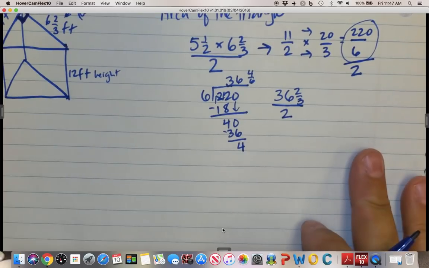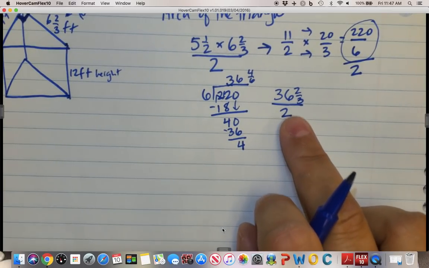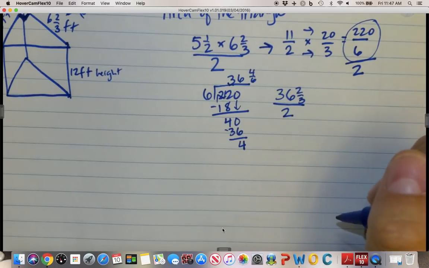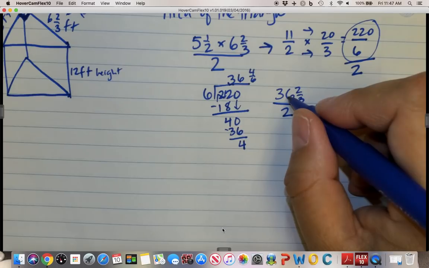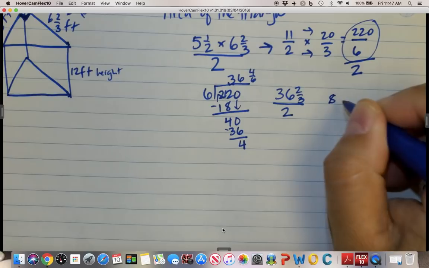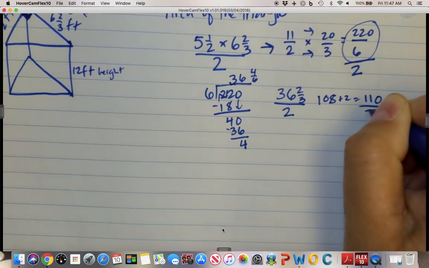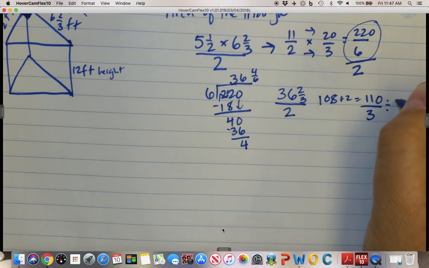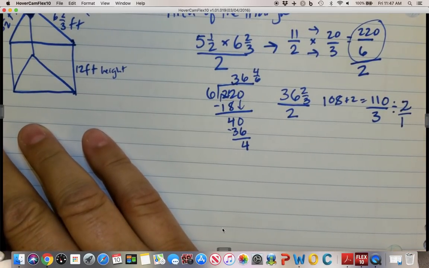Still not done. I'm now going to put this into an improper fraction so I can divide it by 2. So 36 times 3 is 108, plus the 2 is 110 over 3 divided by 2 over 1. It's a lot of math.